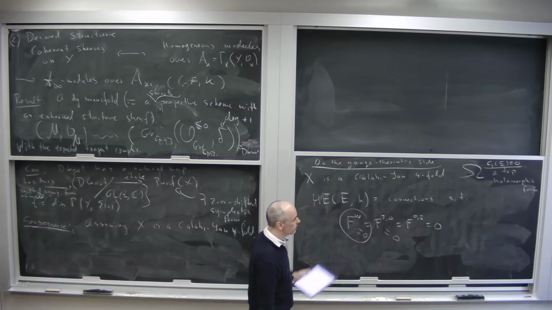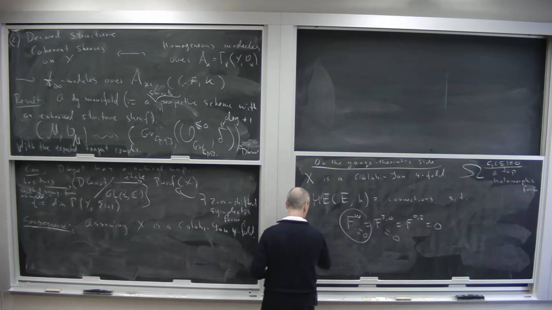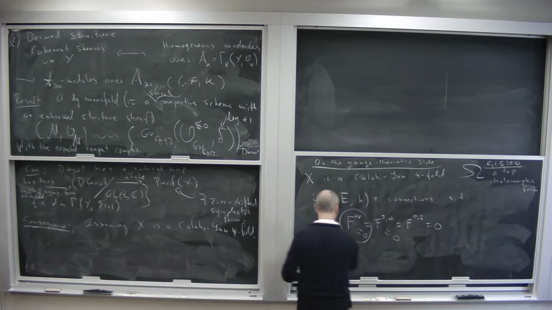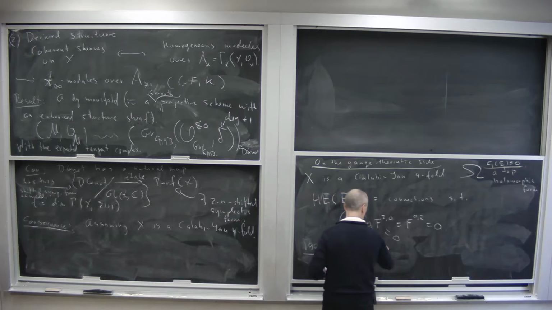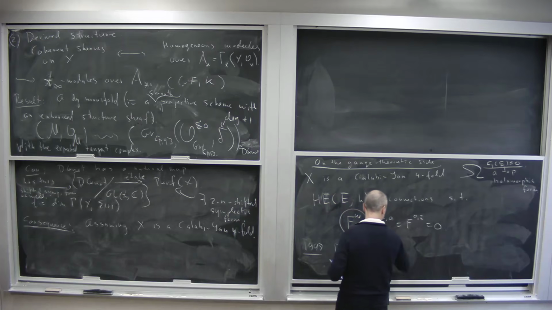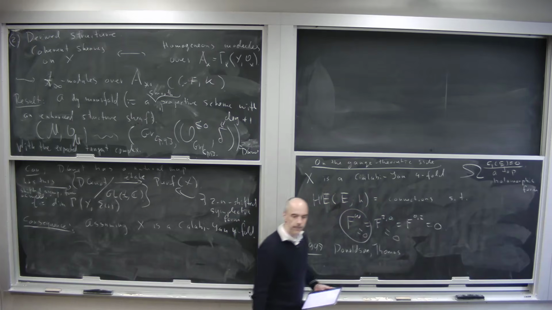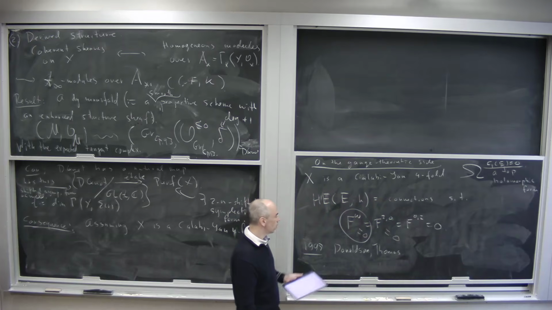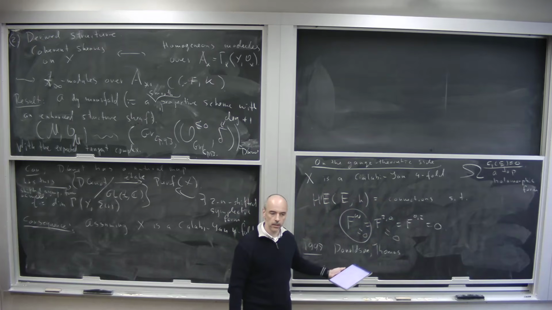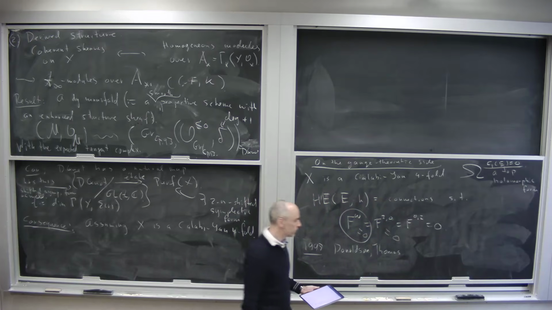Okay, so here then what was realized by Donaldson and Thomas in 1998. Well, it was realized before, but they proposed something to do about it. So Donaldson and Thomas said that, okay, here we have too many conditions. We need to reduce them.